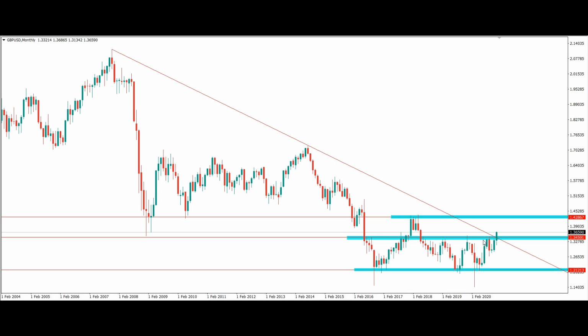And right here on the monthly time frame, what we can see is that we have a market that has respected this resistance for quite some time.